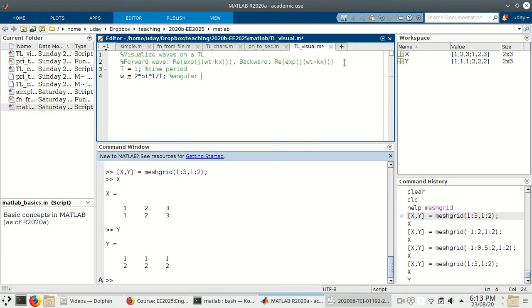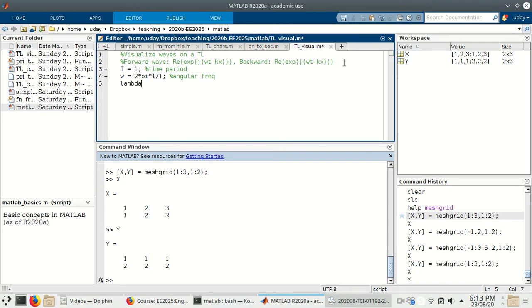Similarly, I've written k over here, whereas in our lectures we usually use the word beta. K means the same thing. To define k or beta, I need the wavelength on the line. The wavelength can be specified directly, or you may calculate it indirectly using the velocity and frequency. So let's keep life simple and assume the wavelength is given.